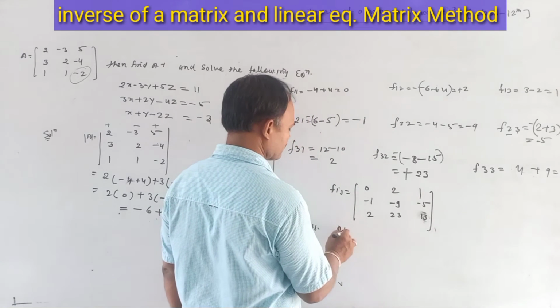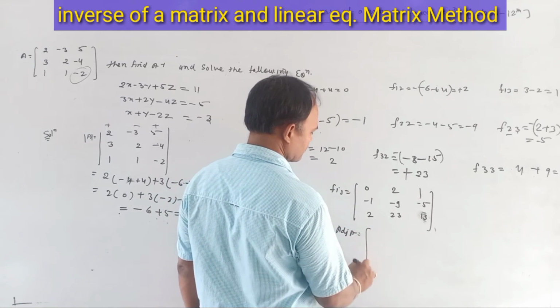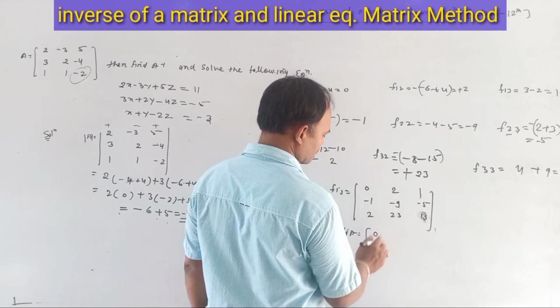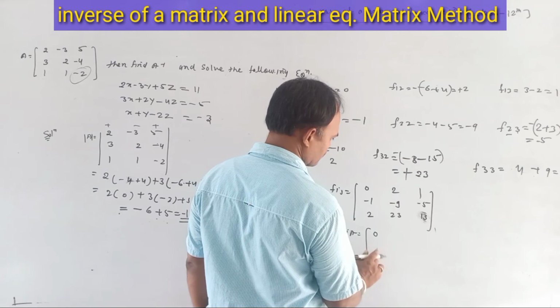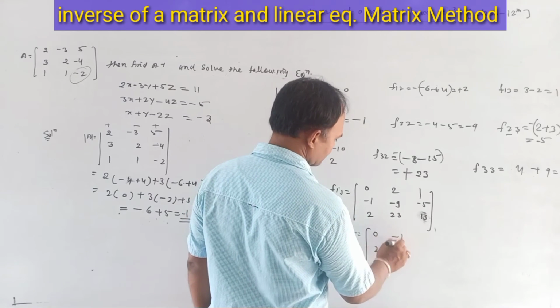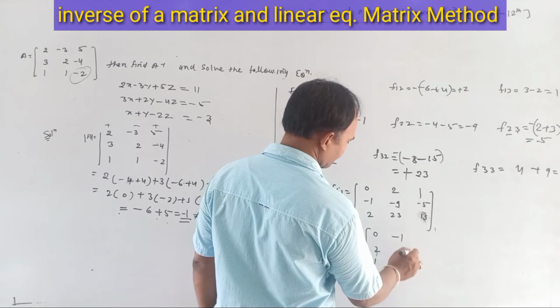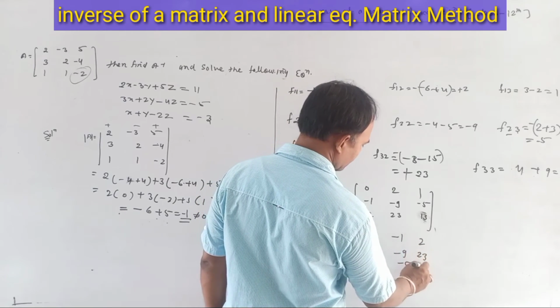So adjoint of A means 0, 1, 0, 2, 1, minus 1, minus 9, minus 5, 2, 23, and 13.